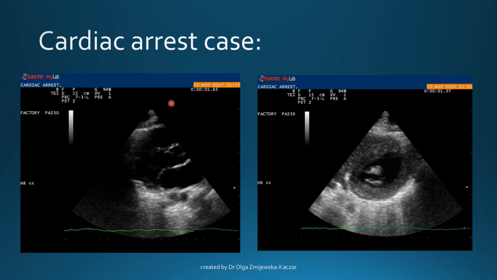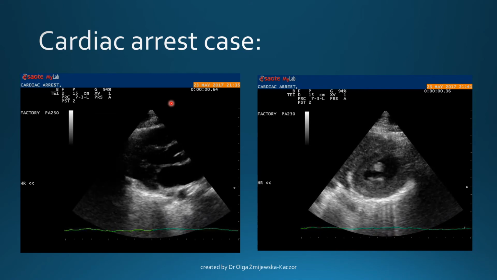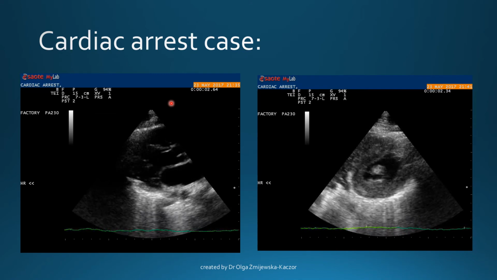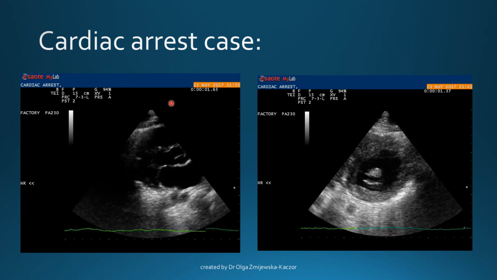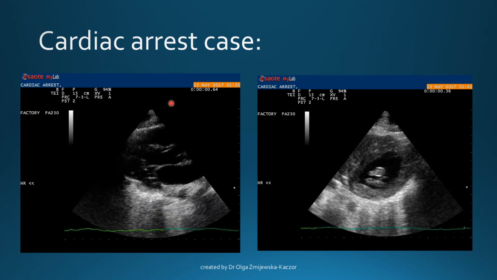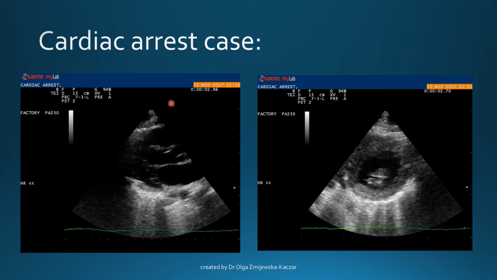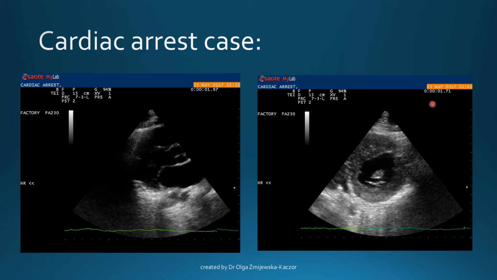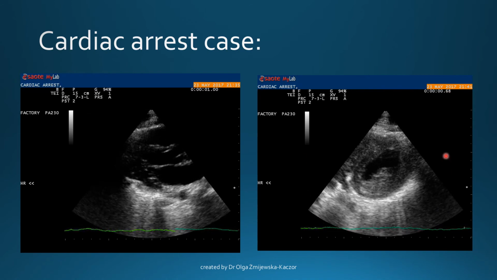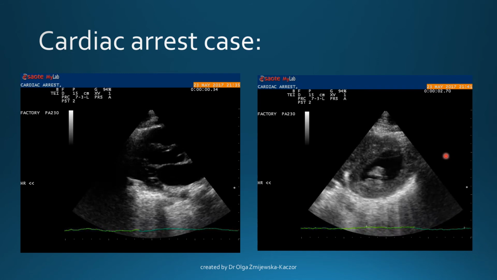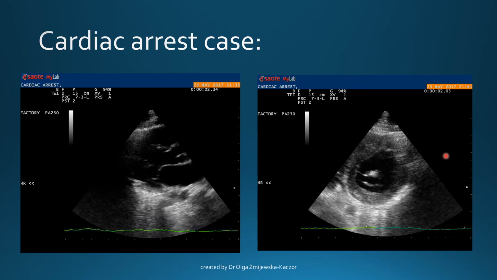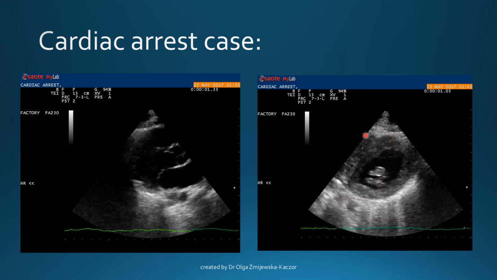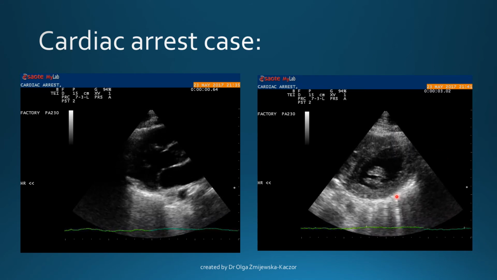However, it's not generating enough perfusion pressure, so the pulse is not palpable. In such cases, I would advise to continue the resuscitation because this patient still has quite a good chance. On the other one, you can see the 4-chamber view, you can see the left ventriculum, and you can see the post-arrest heart that is trying to beat on the adrenaline drive.